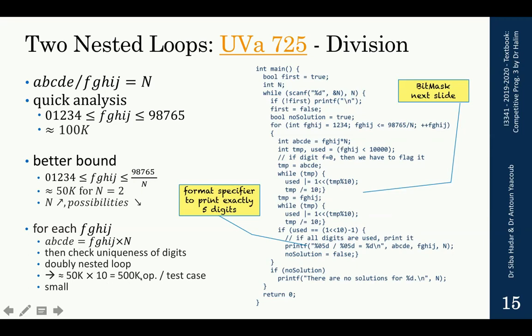So this will give us 500,000 operations per test case, which is considered a small number of operations, and in this case the complete search can give us a solution.